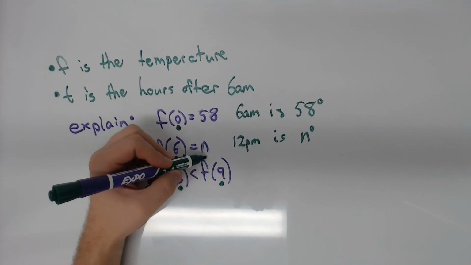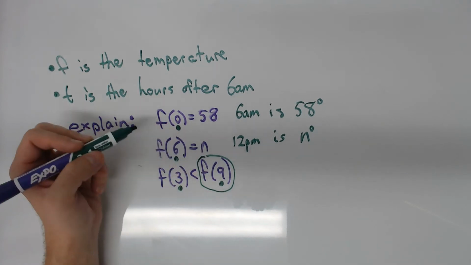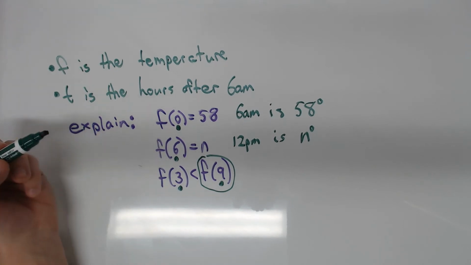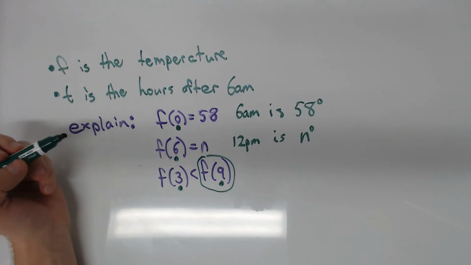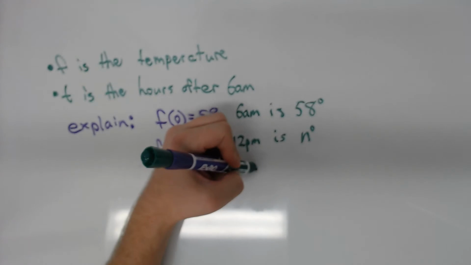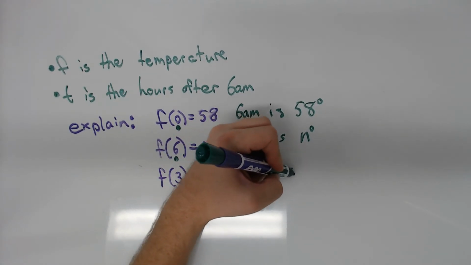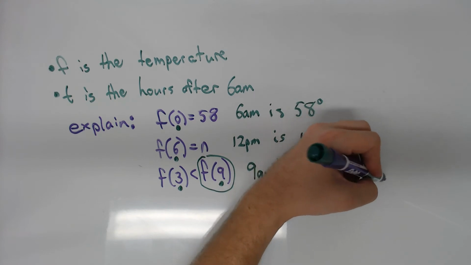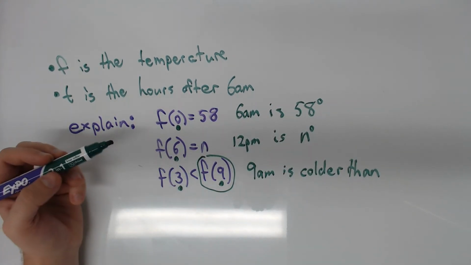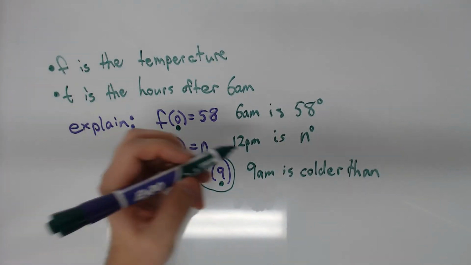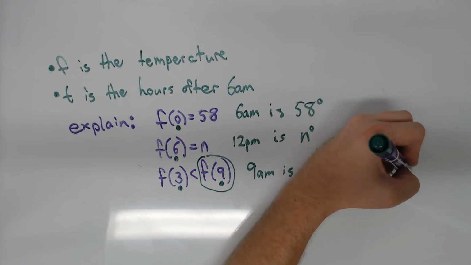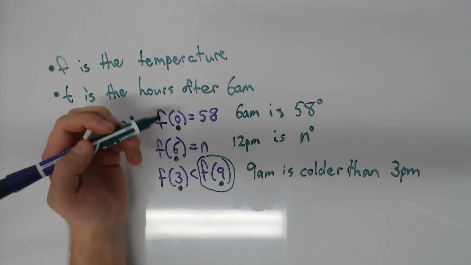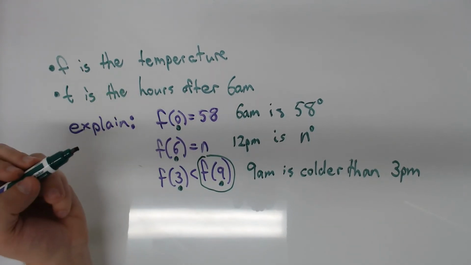So if this temperature is bigger, this side's warmer. This side's colder. So 3 hours later, which is 9 a.m., is colder or has a smaller temperature than 9 hours later, which should be 3 p.m. Okay? So I'm getting these times by just adding the input number to 6 a.m.